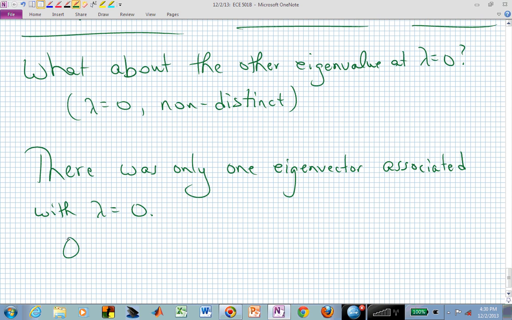Or we could say the dimension of the null space of A minus 0 times I was only equal to 1.